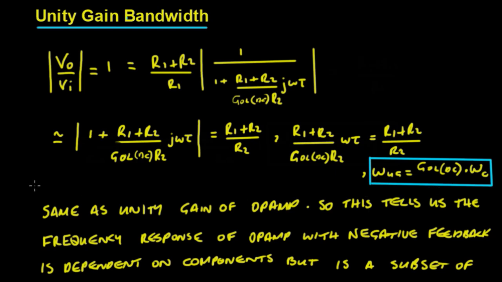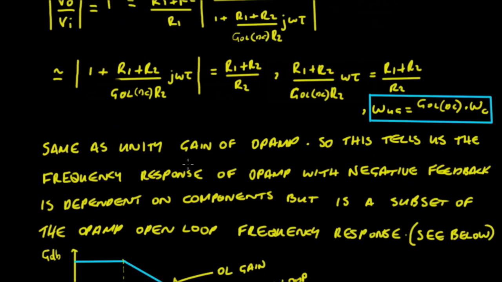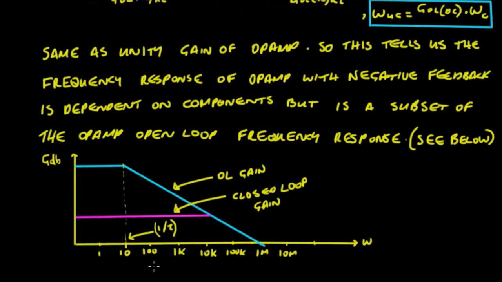So really all we're saying is that at high frequencies the gain of this circuit with negative feedback just looks like the gain of the op-amp. So basically the op-amp takes over the frequency response, and that's kind of what you would expect, and I've got it drawn down here.